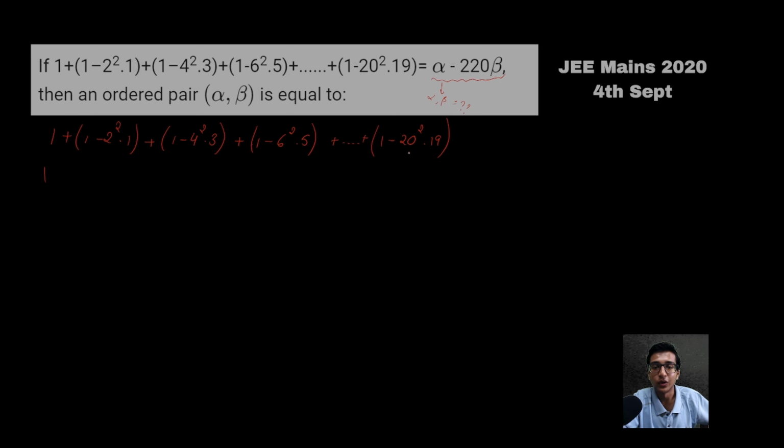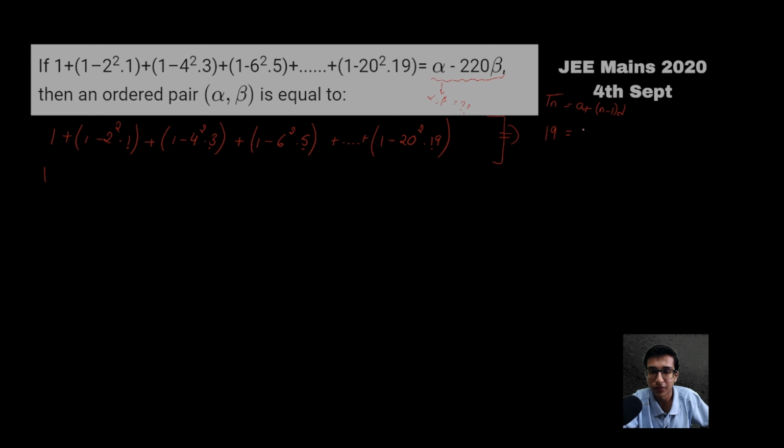Now let us say if you weren't able to find out the number of terms in this equation, you can simply calculate it. Look at these numbers here: 1, 3, 5, and it goes up till 19. That means the nth term here is 19, and we know the formula of Tn whenever there is an AP. This is an AP with common difference 2: a plus (n minus 1) d.